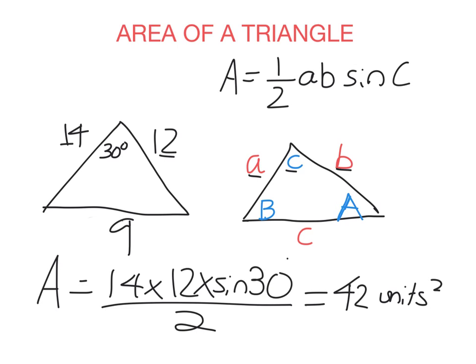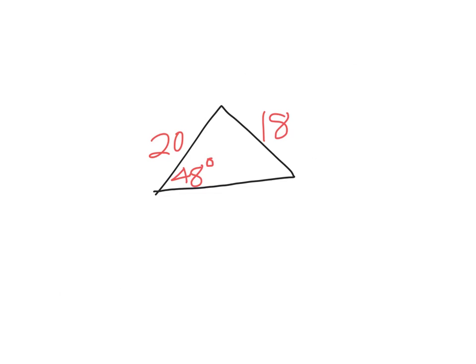Now, I'm going to do an example that is a little more complicated, so please copy this down if you need it. Let's say I want to find the area of this triangle here. The problem is that I don't know the base and perpendicular height, so I can't use the normal formula of half base times height. You might think, okay, I could just draw a line down the middle here and divide it into two right-angled triangles.